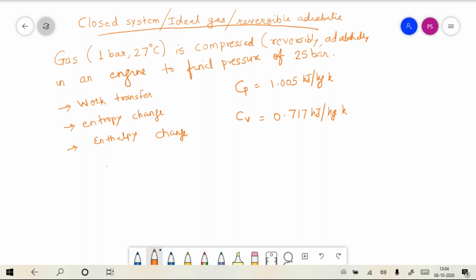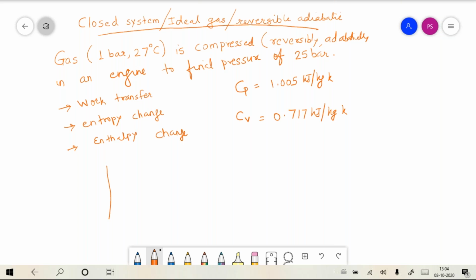Let us say the initial state is 1 and the final state is 2. So using our notations, P1 is 1 bar and T1 is 27 degrees centigrade, that is 27 plus 273, which is 300 Kelvin.